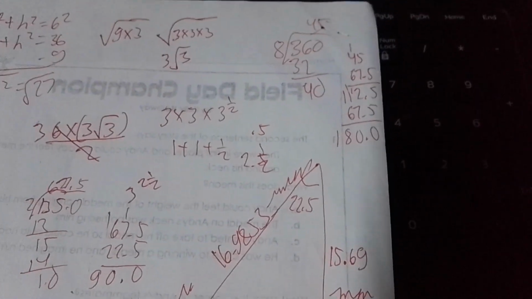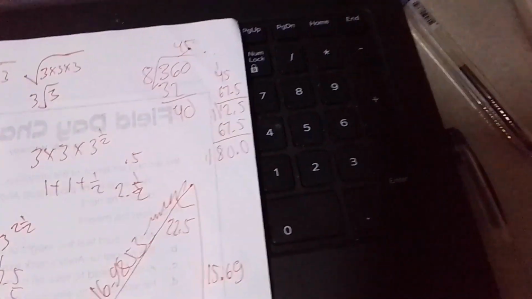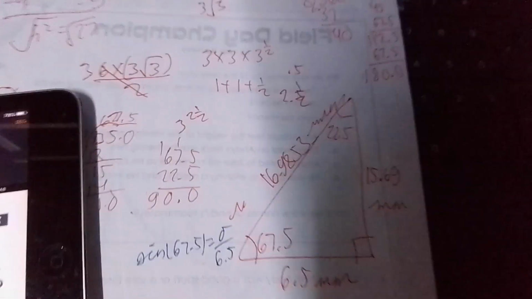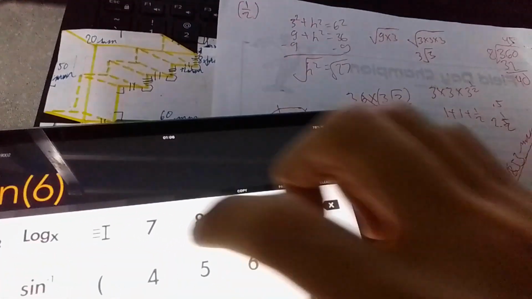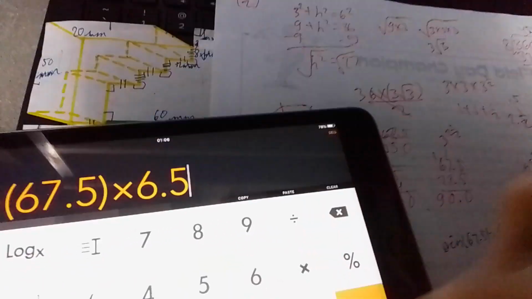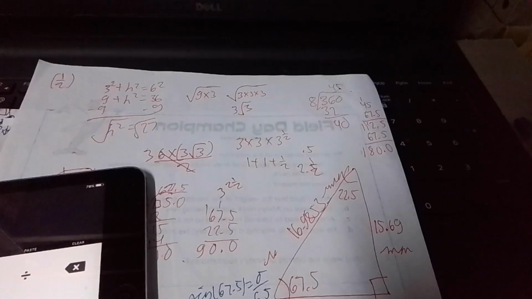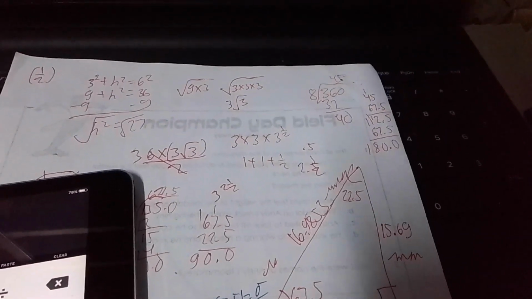Now going back to the formula of sine, if you want to look for the opposite, this is the adjacent, right? So sine of 67.5 is equivalent to the opposite over 6.5. So therefore, sine of 67.5 times 6.5 should get 6. Wait, why is it like this? Wait, I'll fix the problem.